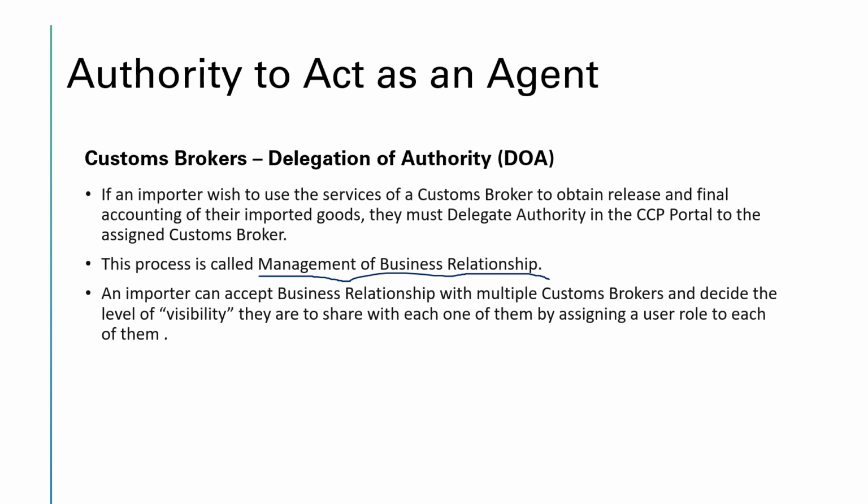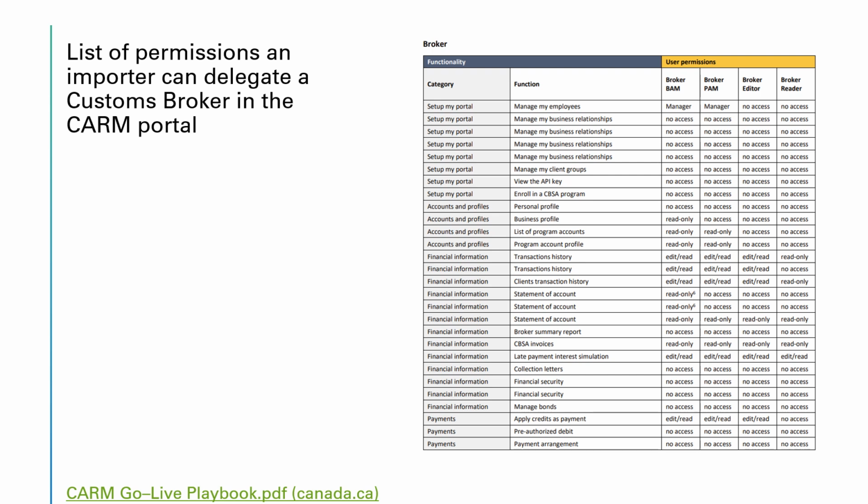These roles are listed here, a list of permissions, depending on if it's a BAM, a PAM, an editor or a reader. And note that the role names are the same as the user.